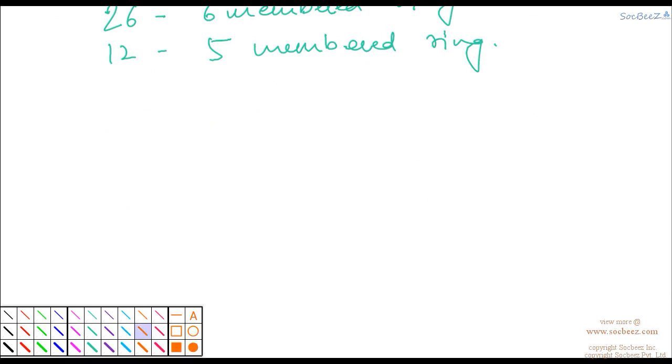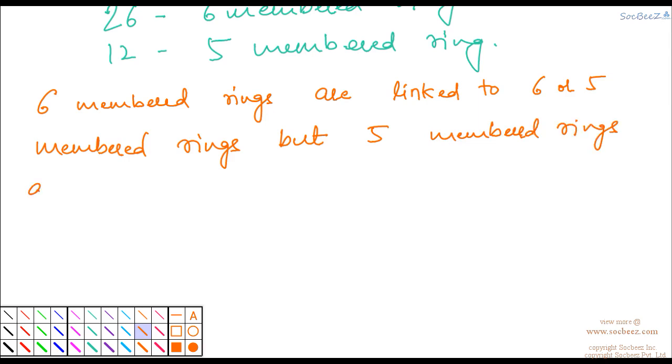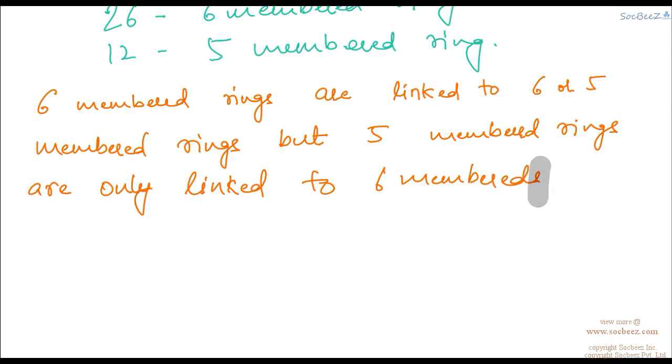Okay, Buckminsterfullerene also has a unique feature: 6-membered rings are linked to 6 or 5-membered rings, but 5-membered rings are only linked to 6-membered rings.